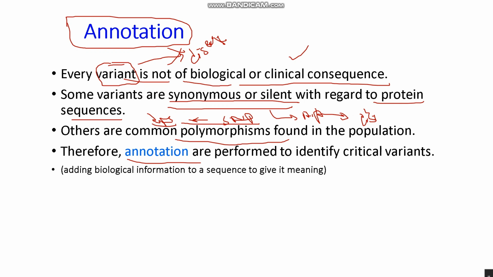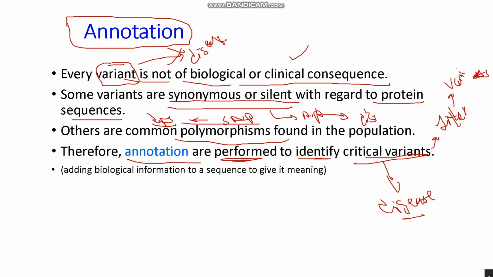Why is it important? Because we use it to identify the critical variants, the variants that cause the disease, and we filter out the other variants that don't cause the disease.